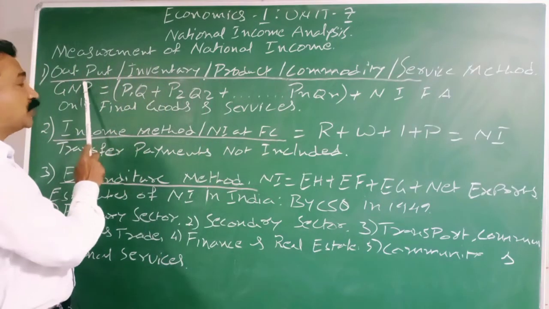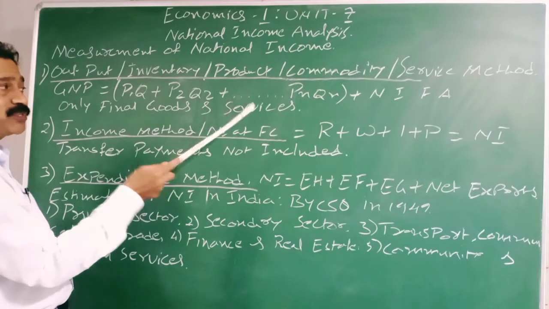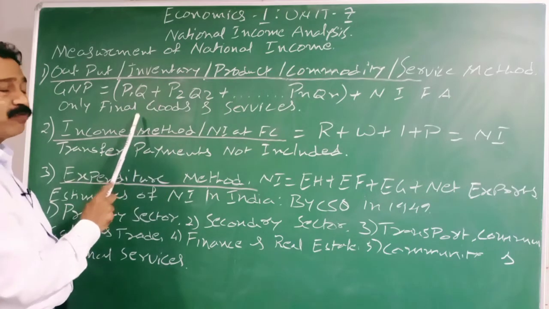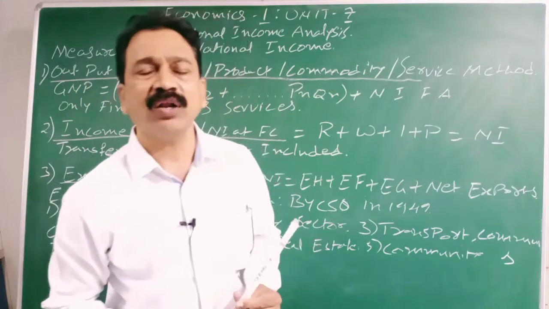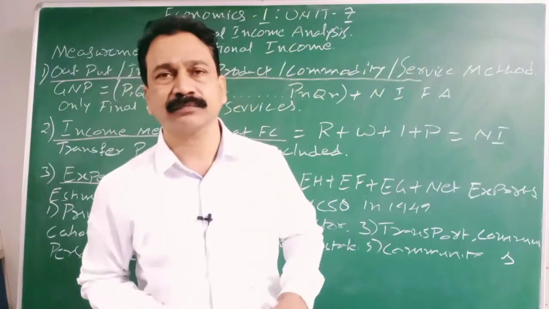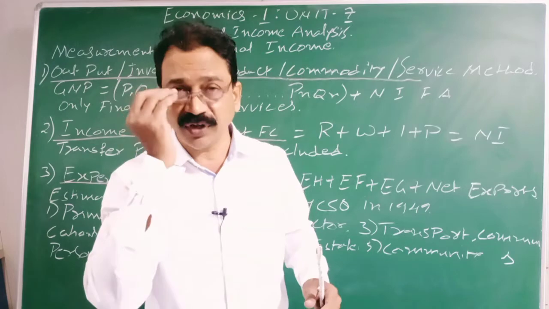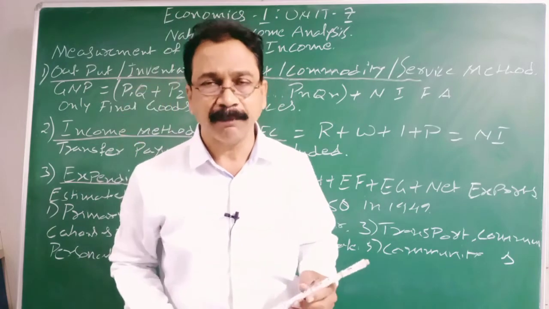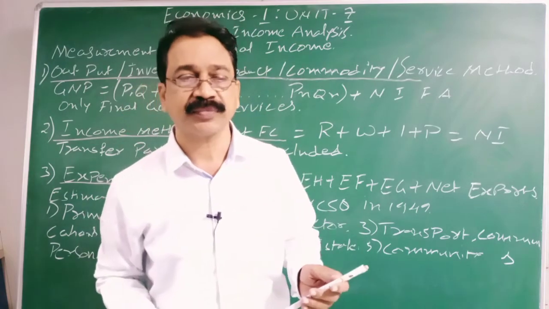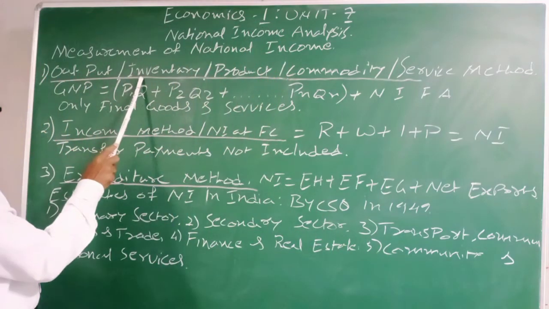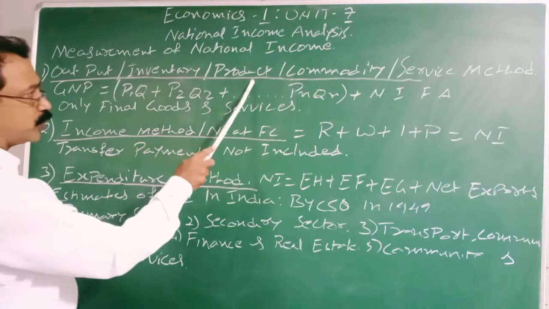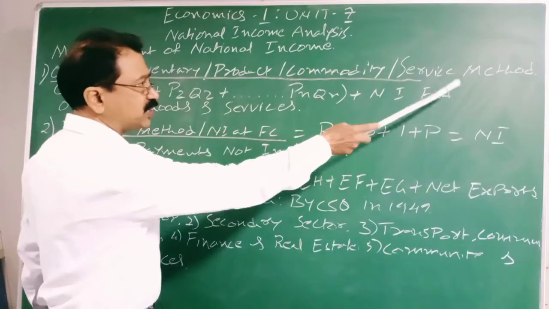So these have different names, but the thing is same. What we do, we first have to make a total list of all final goods and services, and every good has to be multiplied by their prices, market values, and that makes it total value of output method or inventory method or product method or commodity and service method.